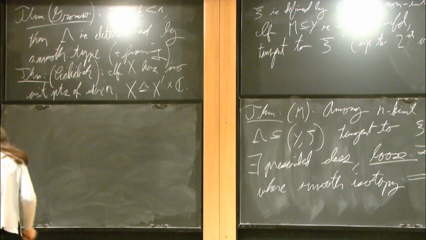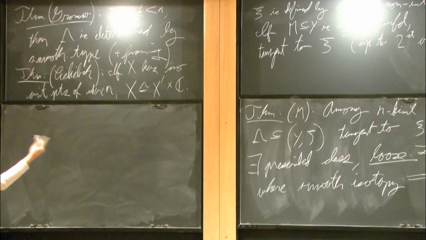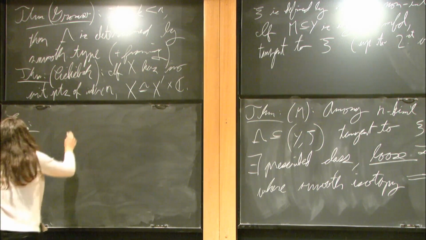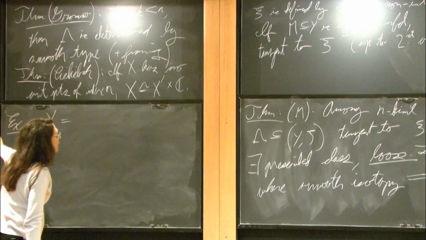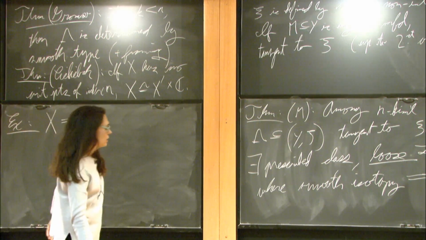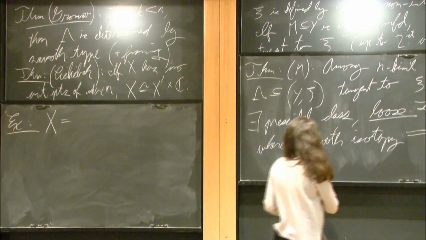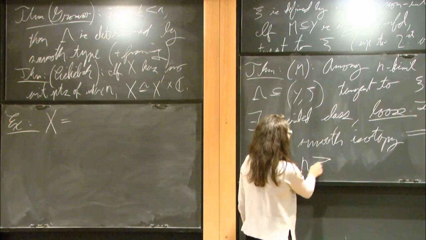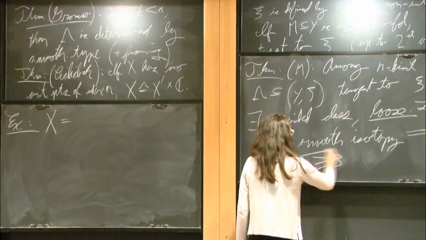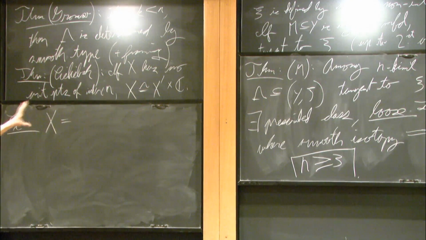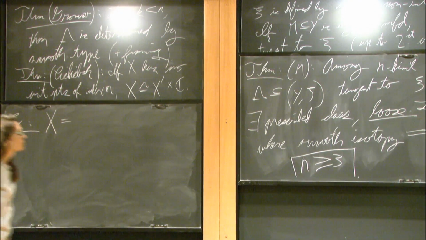Okay, great. So another example. I should also say here, very important, n is at least 3. There's no theory of flexibility or loose things in 2 dimensions.